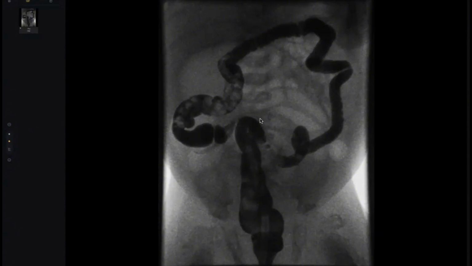This looks like a double contrast examination, and I'm able to see a few filling defects along the ascending colon. Also, the caliber of the colon looks reduced, predominantly along the descending colon as well as the sigmoid colon, and the rectum appears normal. So I'm thinking if this could be a microcolon.